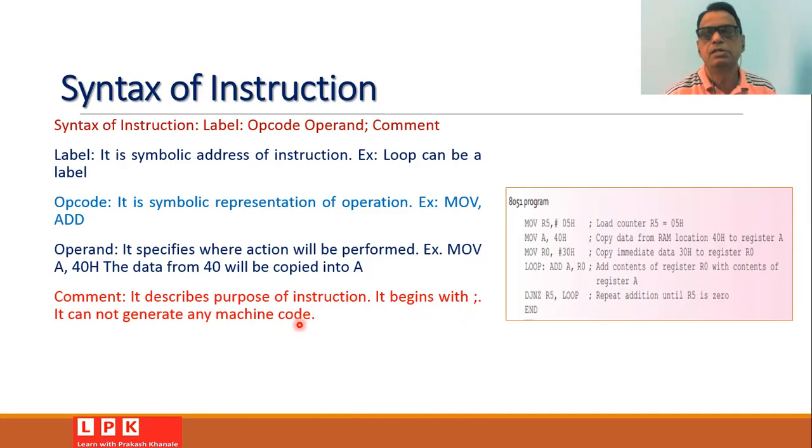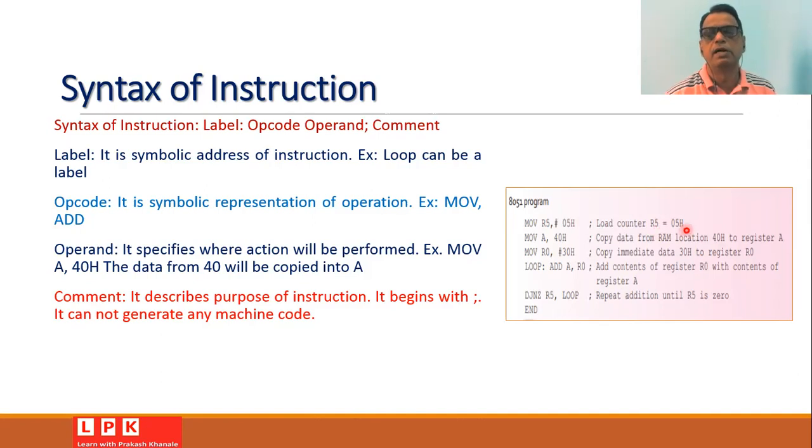For example, this is a sample 8051 program displayed in this window. We have written the first line as MOV R5, #05H, and then we have put a semicolon, and then the purpose of this instruction: load the counter R5 with 05 hexadecimal number.